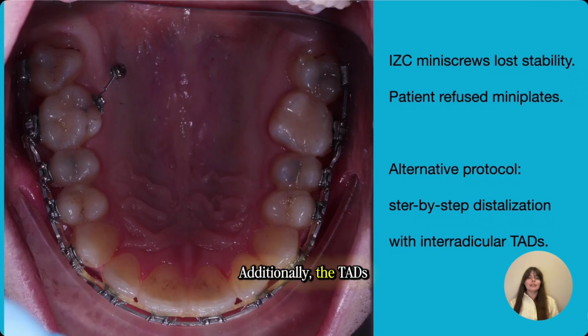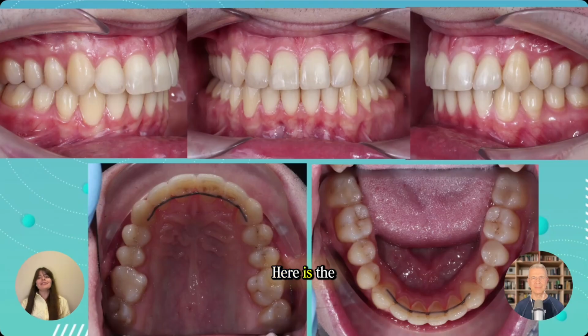Additionally, the miniscrews had to be repositioned several times to prevent them from interfering with tooth movement. Here is the final result. The dental arches and teeth are well leveled and aligned. Occlusion is class 1. The photos were taken several months after debonding.